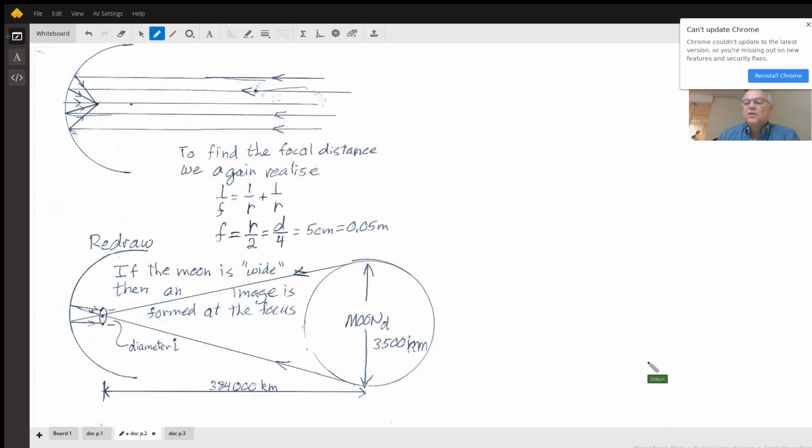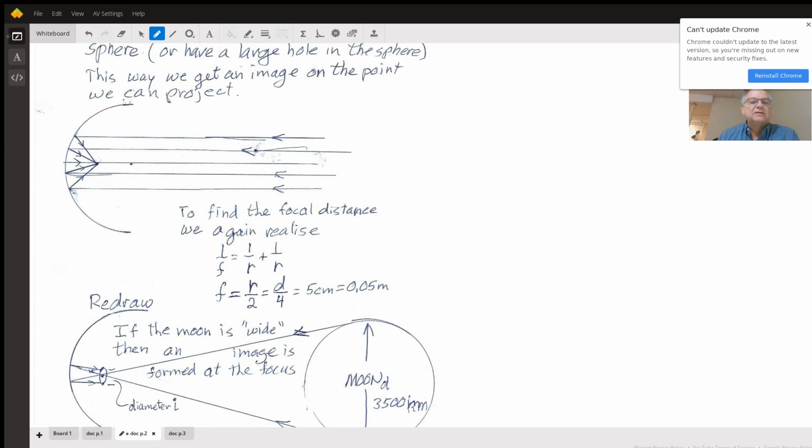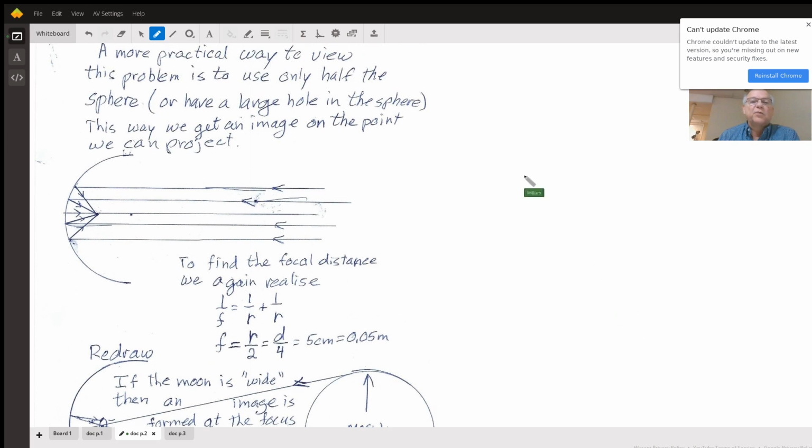The problem probably should be rewritten so that we can actually look at a more practical way to view this image. The image can be viewed if we in fact have half a sphere, or if we have a hole in the sphere such that the rays can get through to the backside of the mirror. And this way we'll get a real image off of a mirror.